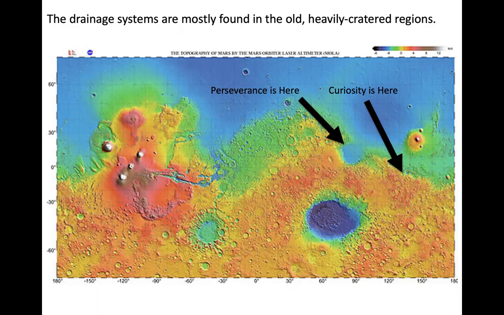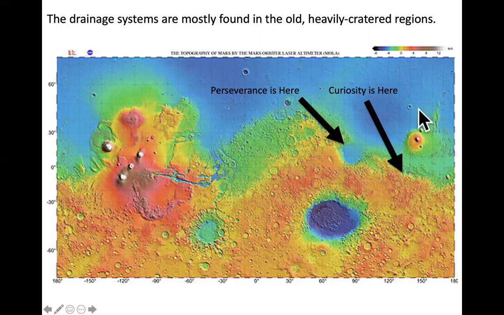They are all ancient. All of the things that seem to indicate water was flowing are found in these elevated areas flowing into the other areas. These are regions with lots and lots of impact craters. You can see all of the circular features.